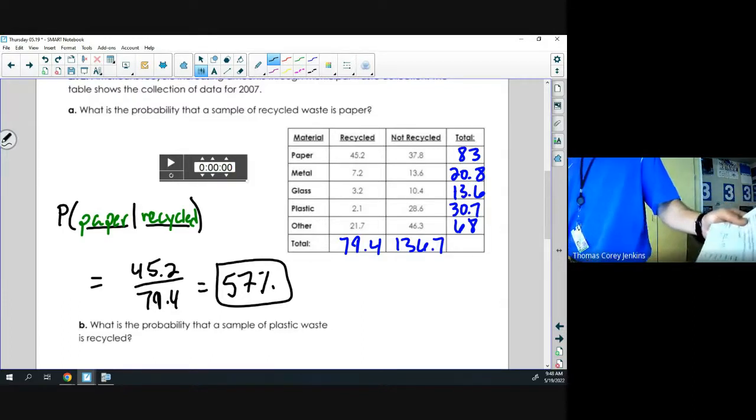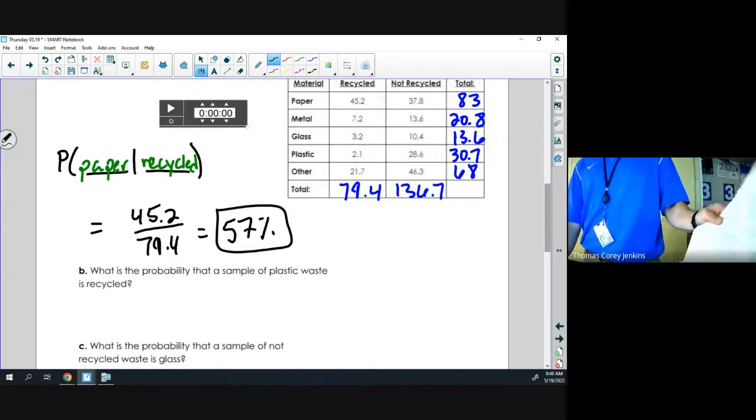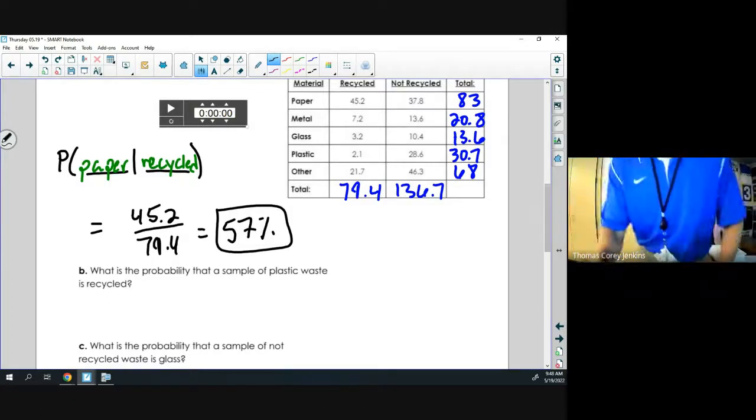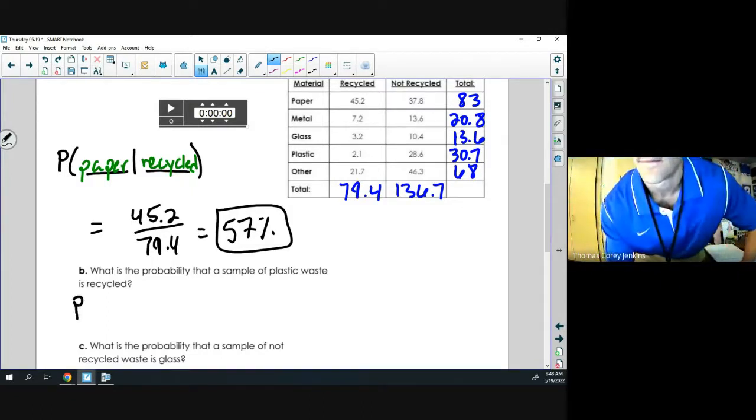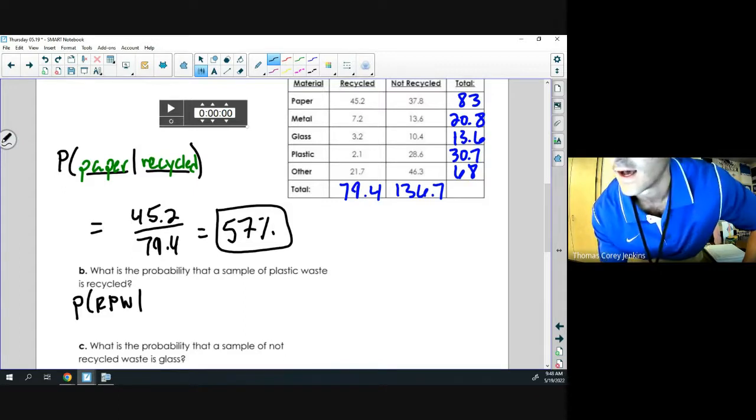All right. So example B, what's the probability that a sample of plastic waste is recycled? Given that it's plastic waste, that it's recycled plastic waste. So recycled plastic waste, given that we're looking at plastic waste.